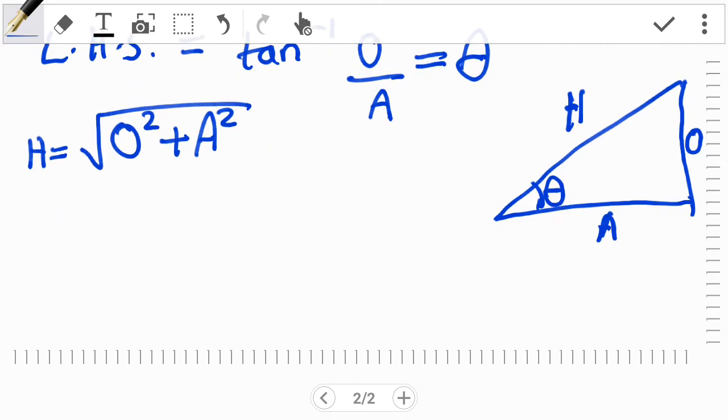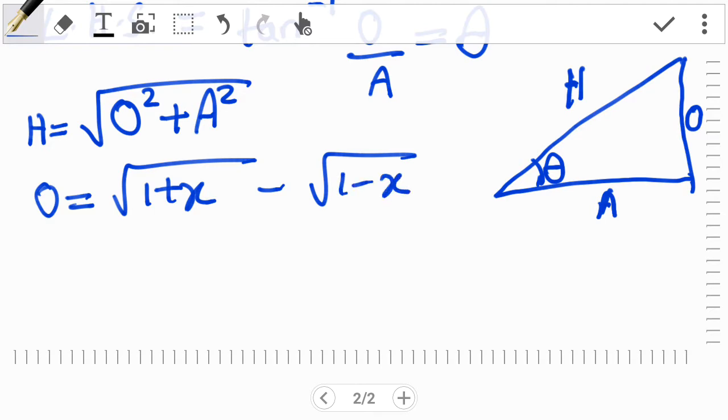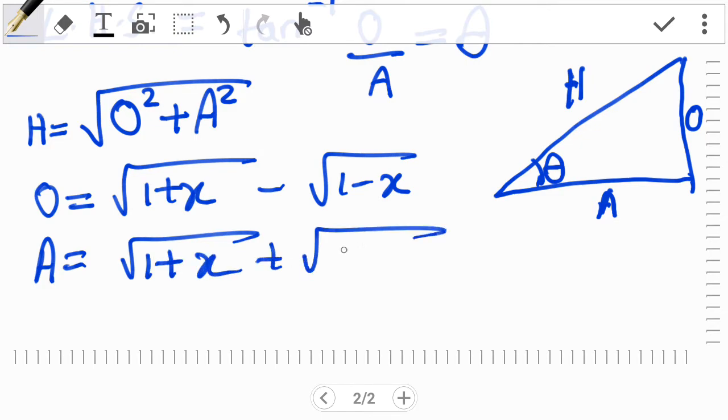In our case, we know that O is square root of 1 plus x minus square root of 1 minus x, and A is square root of 1 plus x plus square root of 1 minus x.